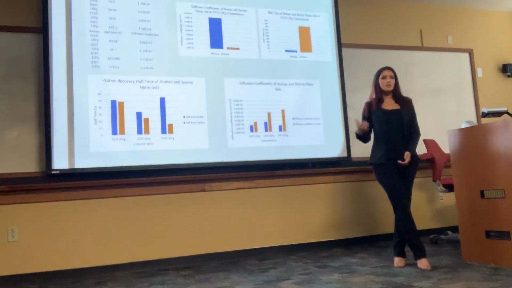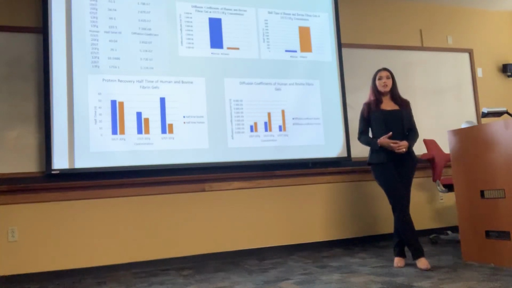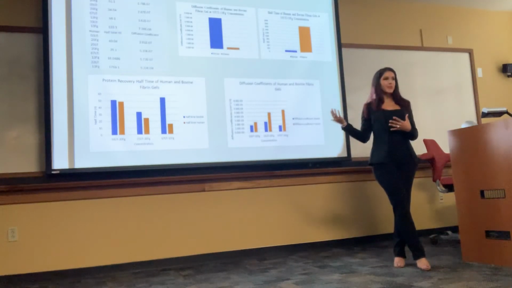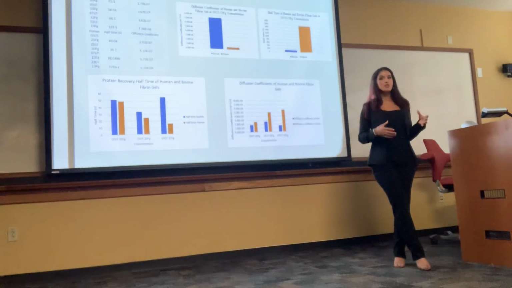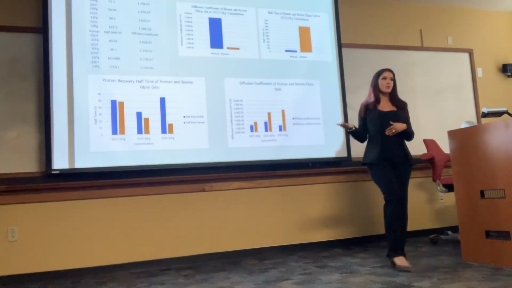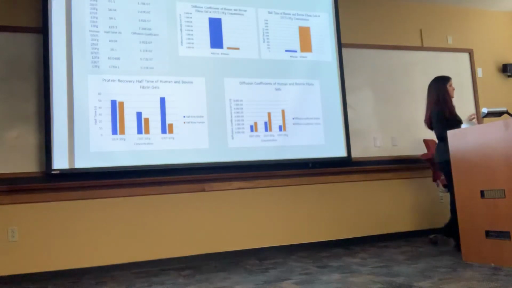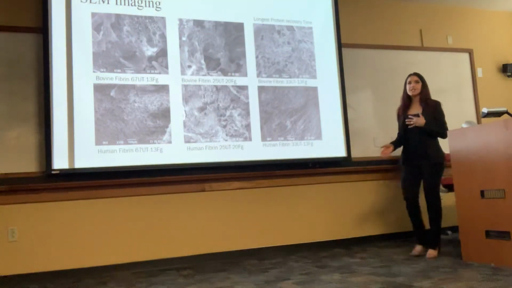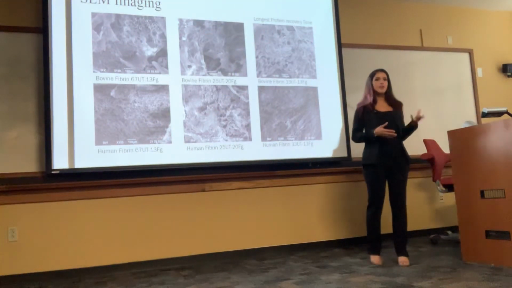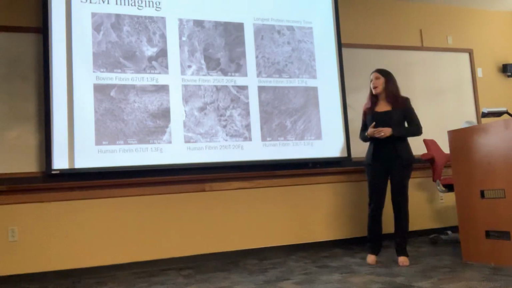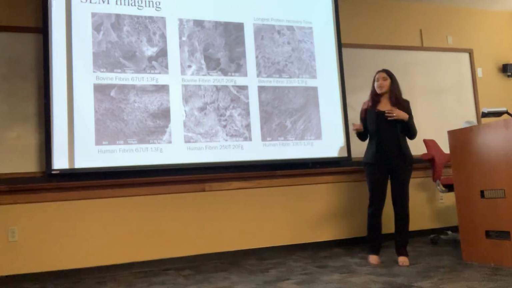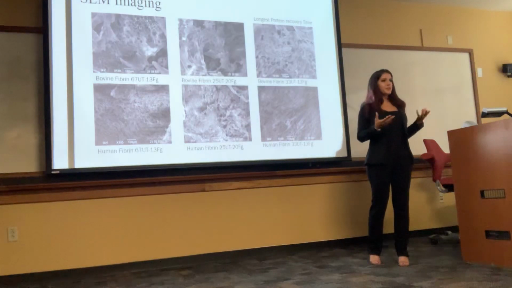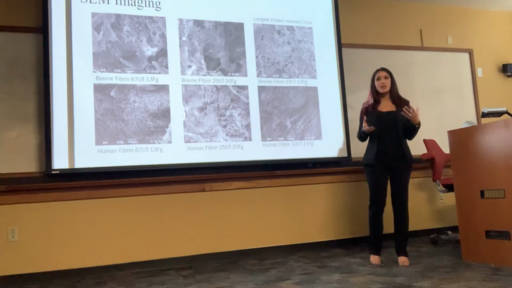Well, based on what I've done so far, the FRAP recovery studies were the most important. I think the cells are going to react way better to the human fibrin gels versus the bovine ones. Now, this is my theory, but I have to do a little bit more research on it. I was trying to find yesterday the size of the rat fibroblasts that we're using, because you would think that more porous is better, right? Because the cells have more space to attach.